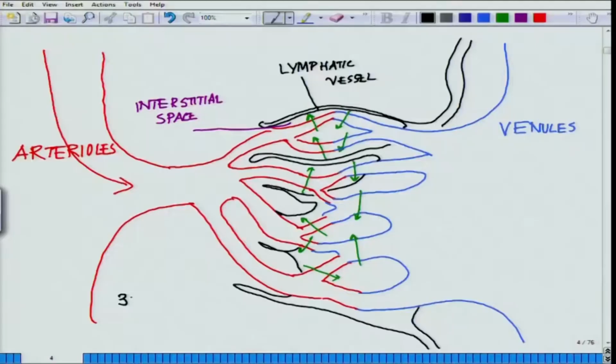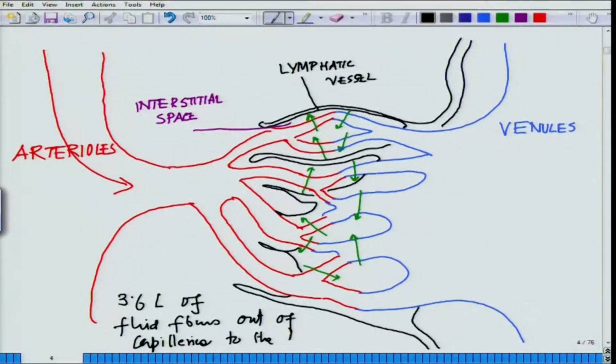As a matter of fact, approximately 3.6 liters of fluid flows out of capillaries to the lymphatic system, which brings it back to the blood vessels.